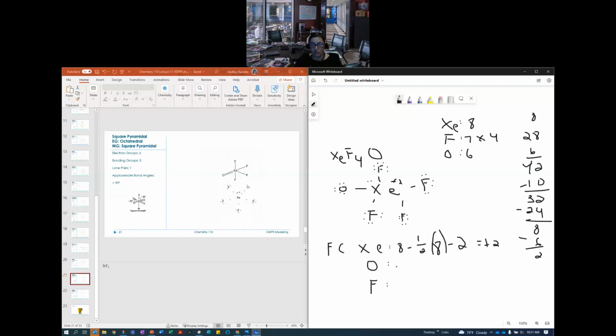My oxygen should have 6. I subtract half of the bonding electrons. There's one bond, so that's 1 from that. And then I subtract the 6 that are there, and that gives me a negative 1.